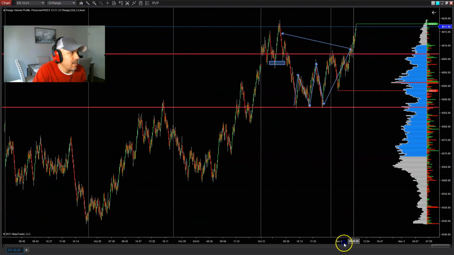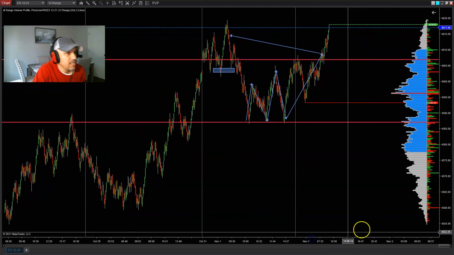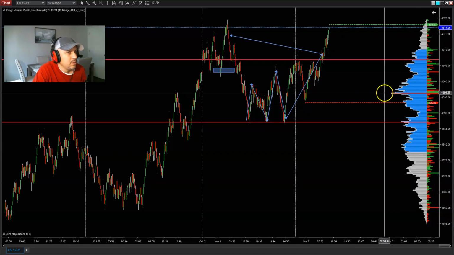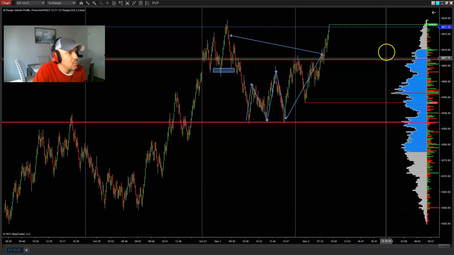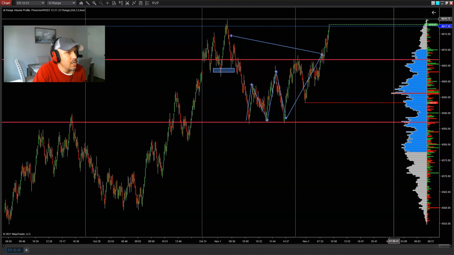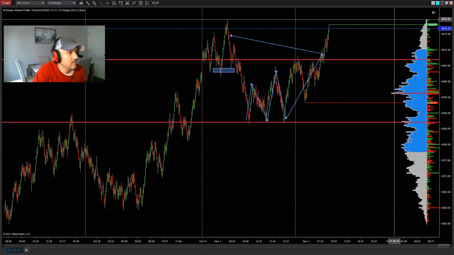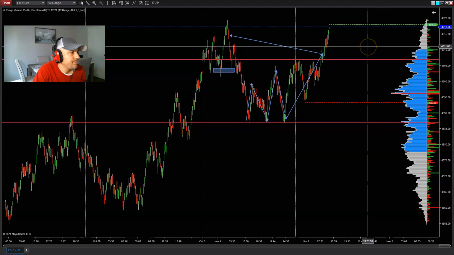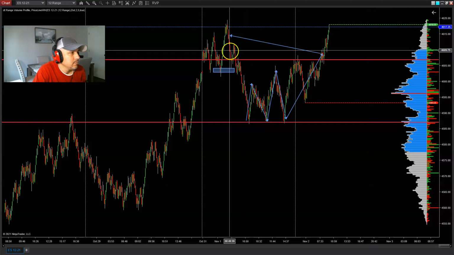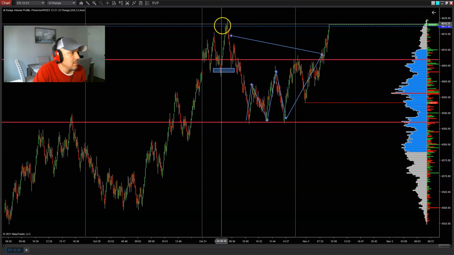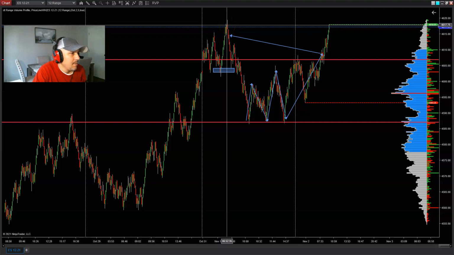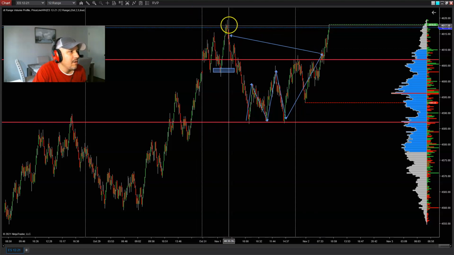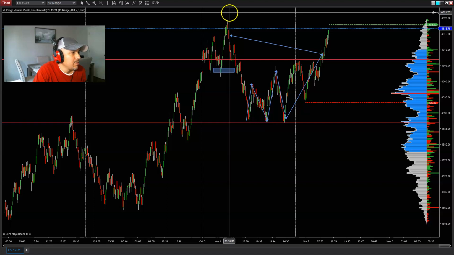We're at an all-time high here now, so it's kind of hard to gauge what price is going to do. There's liquidity sitting right here, so more likely they're going to try to take this area out and push the market higher.